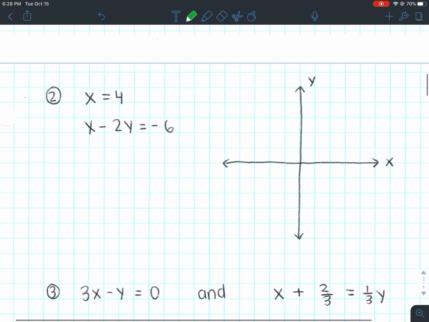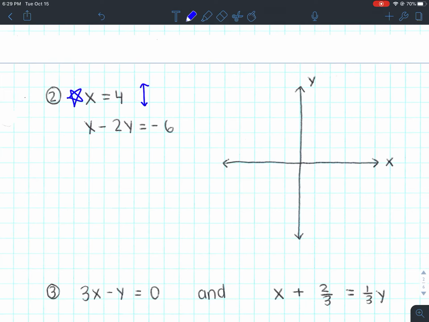All right, moving on. Number 2. We have x equals 4 and x minus 2y equals -6. So the first line I'm going to graph in blue. Now this is just a letter and a number, which is going to indicate to me that I have either a vertical line or a horizontal line. But because this is x equals 4, I know this is going to be on my x-axis, so I'm going to go to the x-axis, and I know I'm going to be at +4.